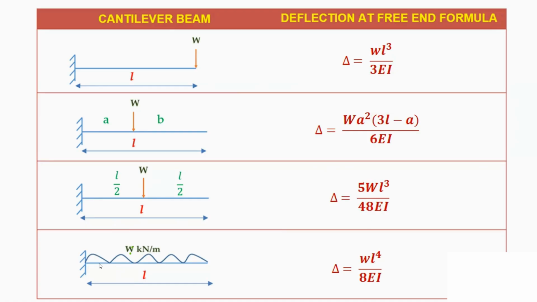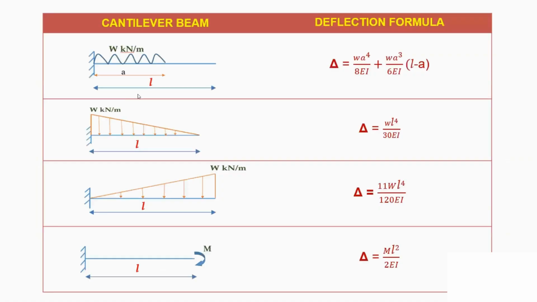When we have a UDL over the span, throughout the span, the deflection at the free end will be equal to WL power 4 by 8EI. Similarly, there are still some more cases. When we have a UDL up to a certain portion A from the fixed support, the deflection at the free end will be equal to WA power 4 by 8EI plus WA cube by 6EI into L minus A. When we have a uniformly varying load, with maximum load at the fixed support and zero load at the free end, the deflection formula is WL power 4 by 30EI.